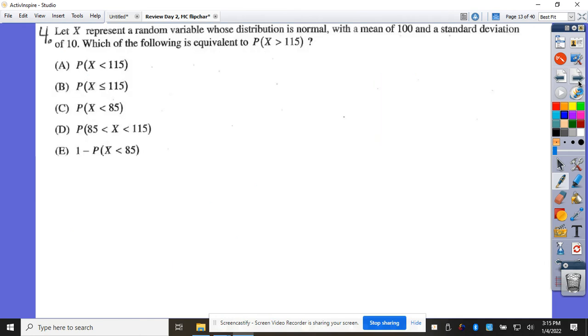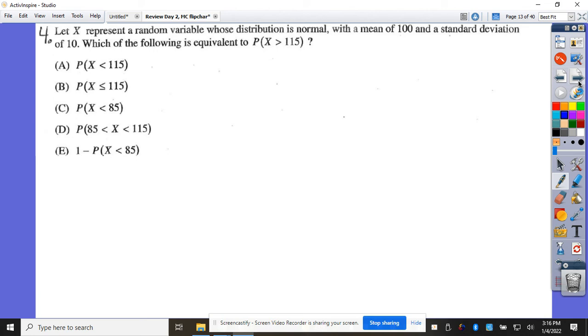At number 4, this is one that really concerns me, that it's this high, because this should be the easiest problem on the AP exam. It's the most basic of our class. I'm hoping people just looked at this problem quick and just accidentally picked the wrong thing.